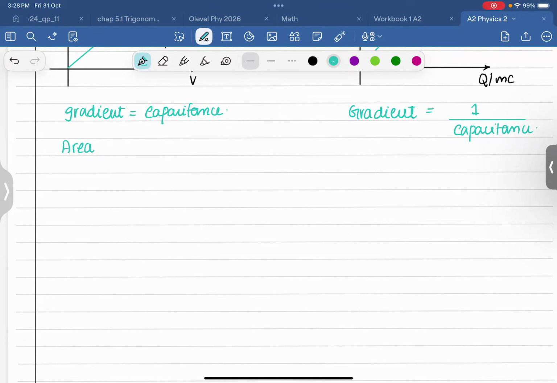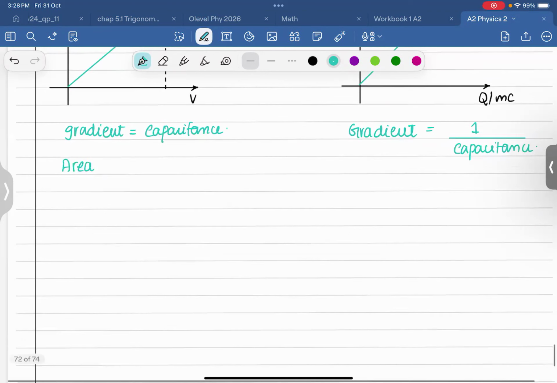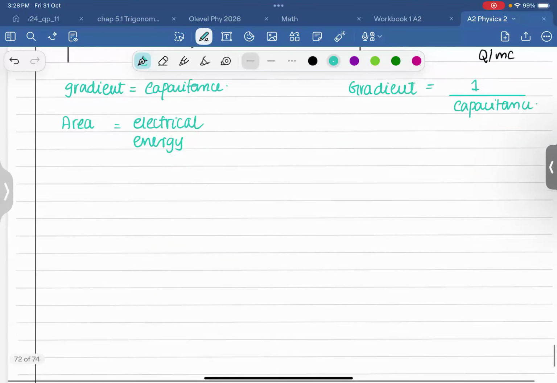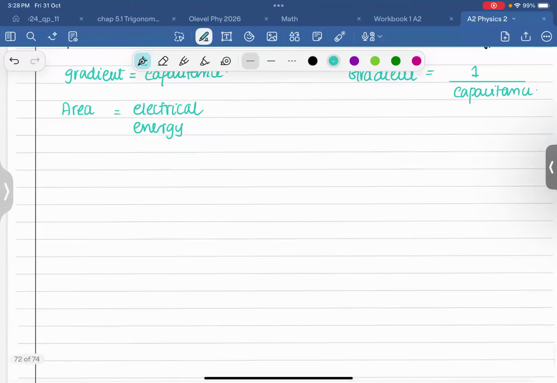So the area will give me the electrical energy stored in the capacitor. These are the two things. Now if we try to find the area, E equals 1 over 2 Q into V. This is the first formula, by the way.